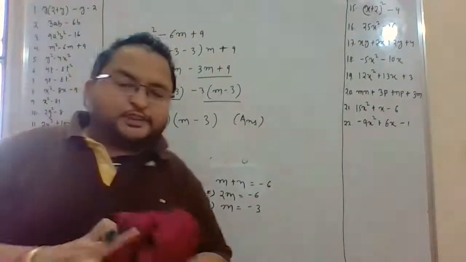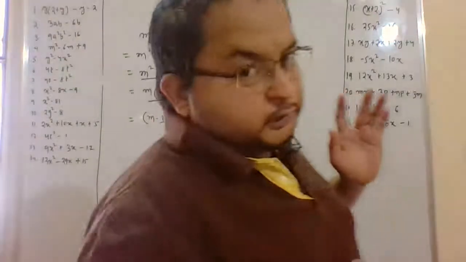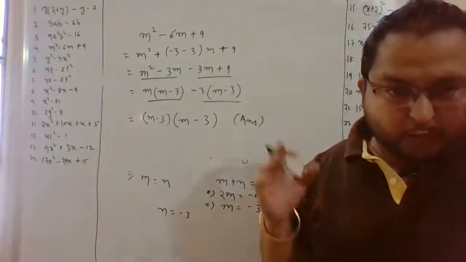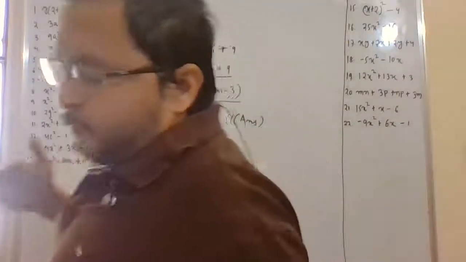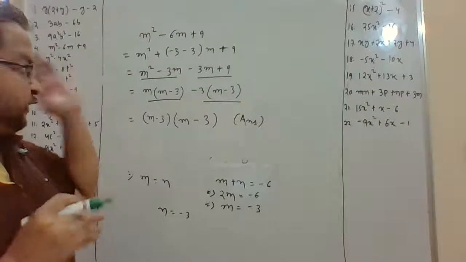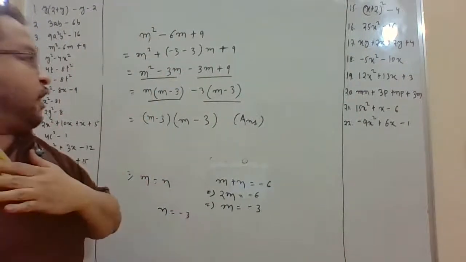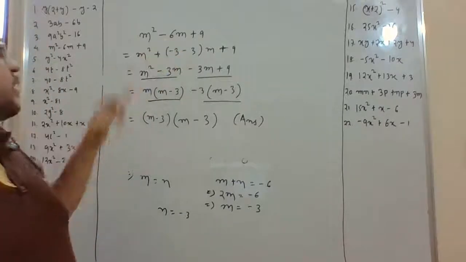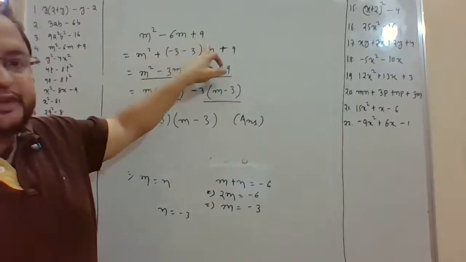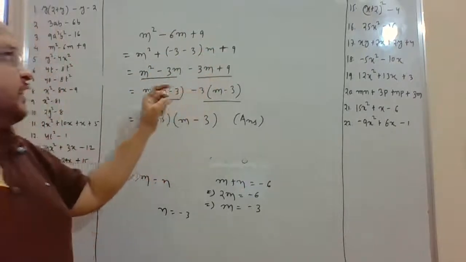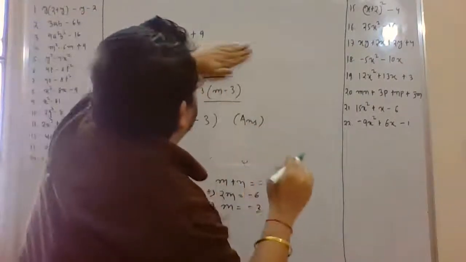So my intent is to help you understand that mathematics need not be mugged up like some other disciplines of study, right? You have multiple ways of solving the same problem. Whichever strikes you in the exam, go by that. But for solving this problem, I personally would prefer if somebody expresses it in the a squared minus 2ab plus b squared format and uses the identity directly, as we have solved in the second style.